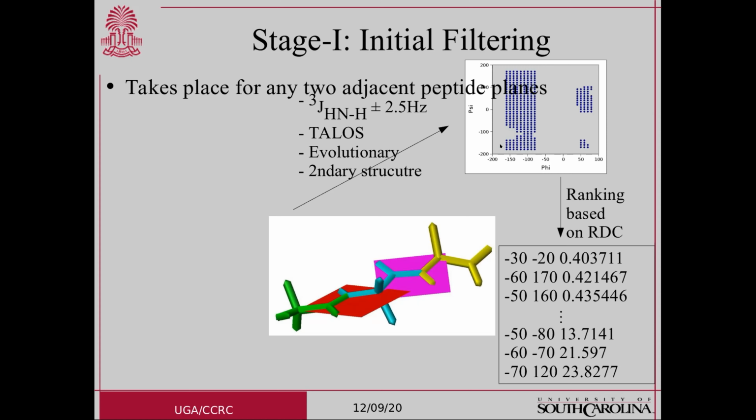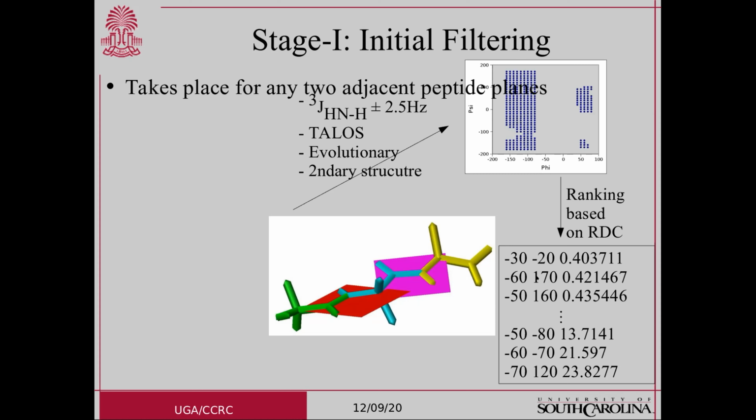In this particular instance, let me just go back to this slide. You may start with some collection of phi-psi angles, and you have some restricted Ramachandran space, and every single one of these dots corresponds to a phi-psi in increments of 10 degrees that is evaluated and ranked.